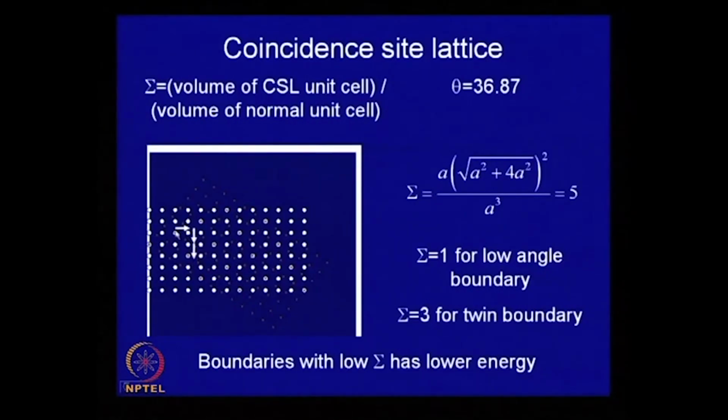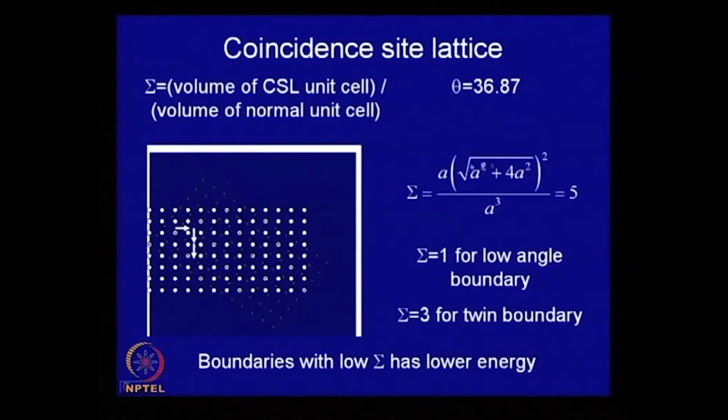You can therefore calculate this diagonal, shown over here: root over a square plus 2a whole square, so 4a square. Then you can calculate the volume of this coincident site lattice. In the perpendicular direction, the atomic distance is still a, because we are not disturbing it; it is only a 2D construction, because the boundary is 2D.